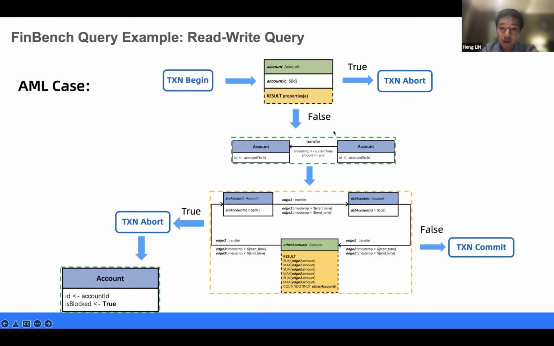When it's false, we go to the next step: a money transfer happens from this account to another account, and then the graph system should check whether this transfer would form a circle.